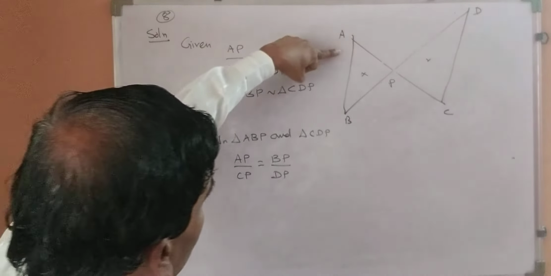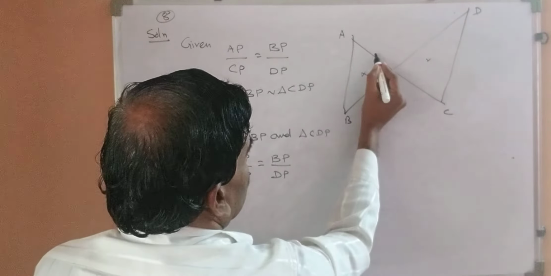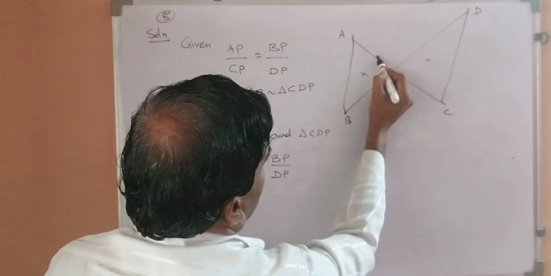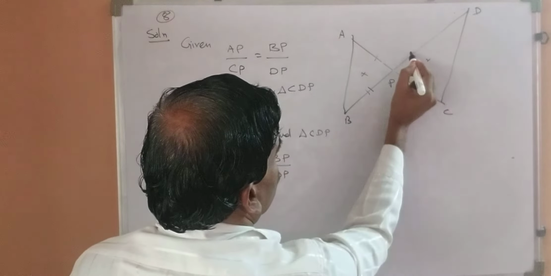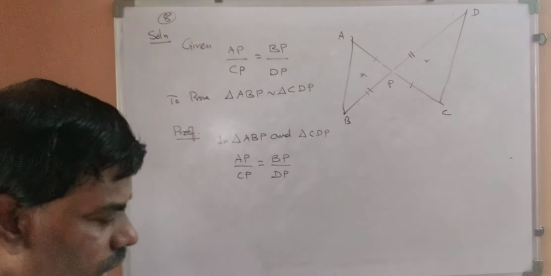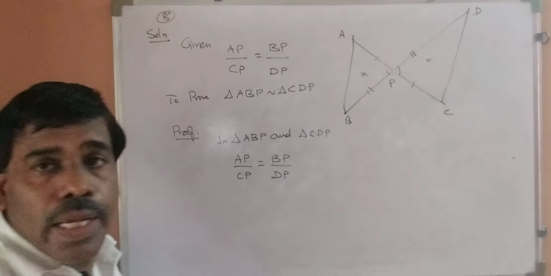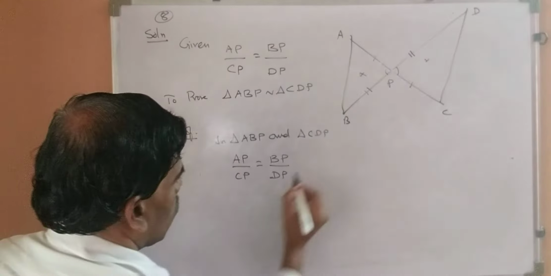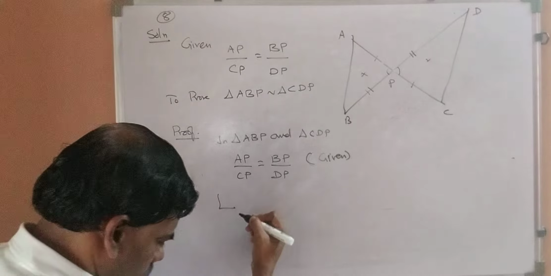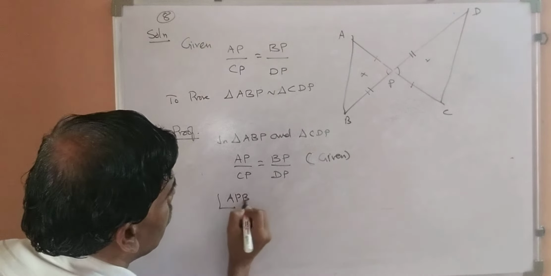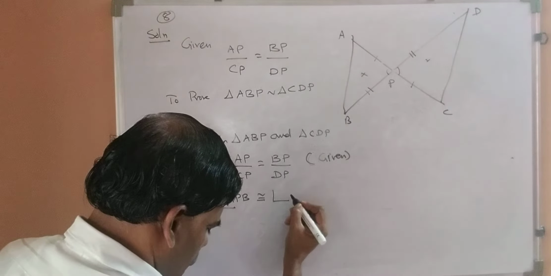These two sides are in proportion and these two sides are in proportion. That means these two angles are vertically opposite angles. Angle APB is congruent to angle CPD.